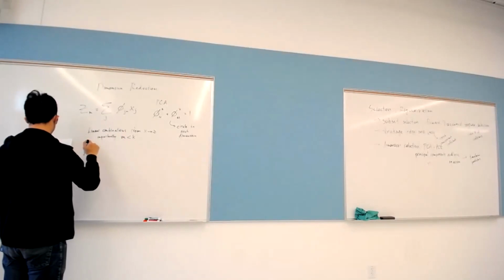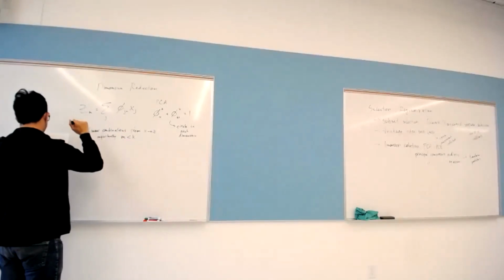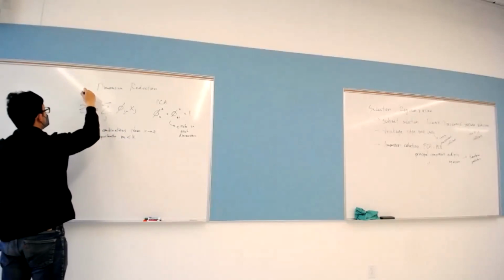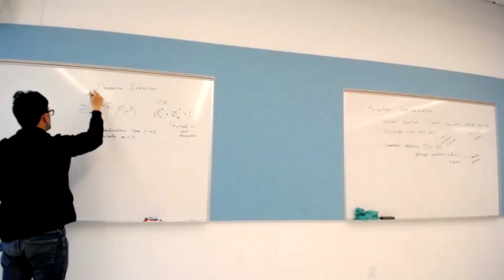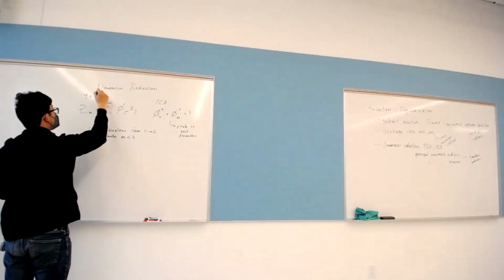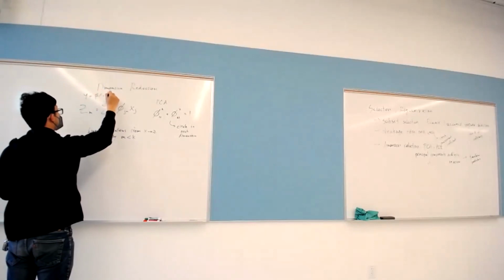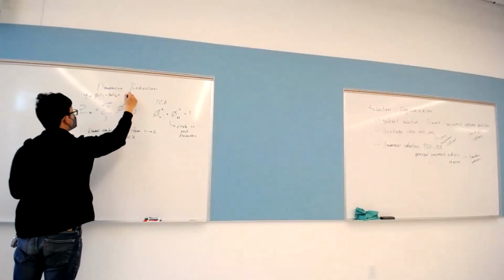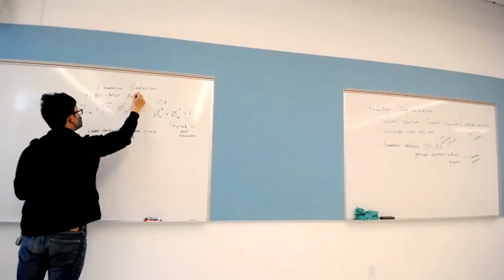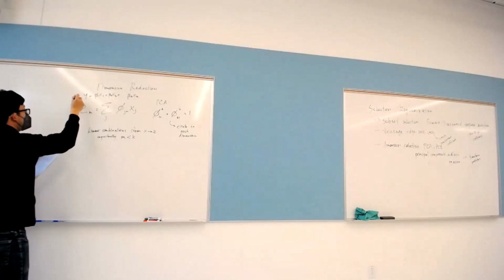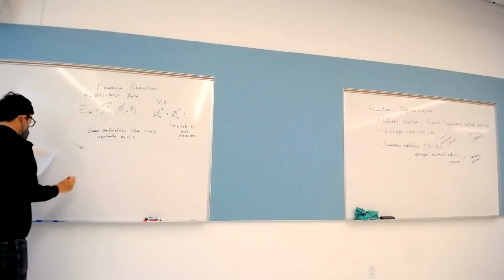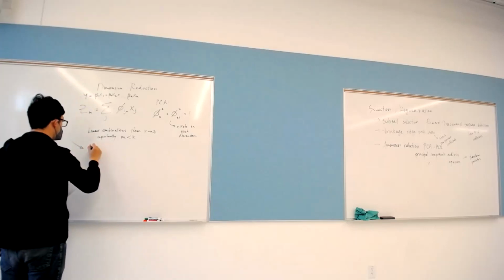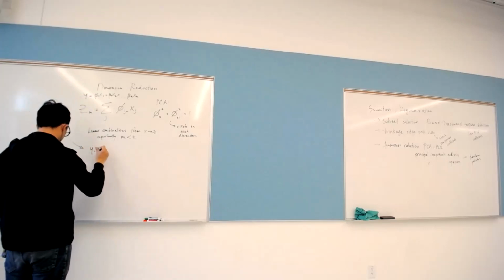So if I were to do something like y equals beta 1 x1 plus beta 2 x2, and so on to beta k xk, the idea is to use dimension reduction to transform this, so I get something like this.